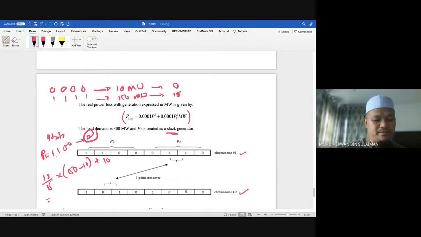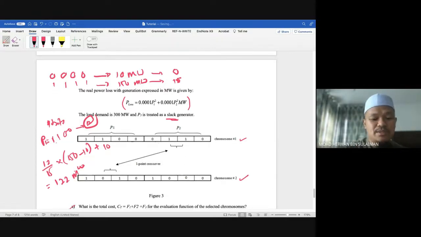So we get 12 divided by 15 times 140 plus 10. So the value is 122 megawatts. See, that is how we calculate based on our bits selection.